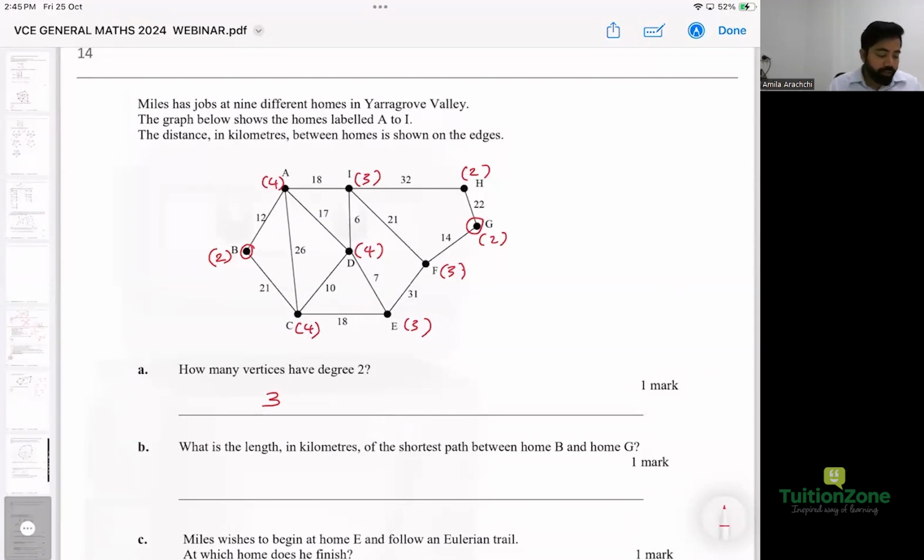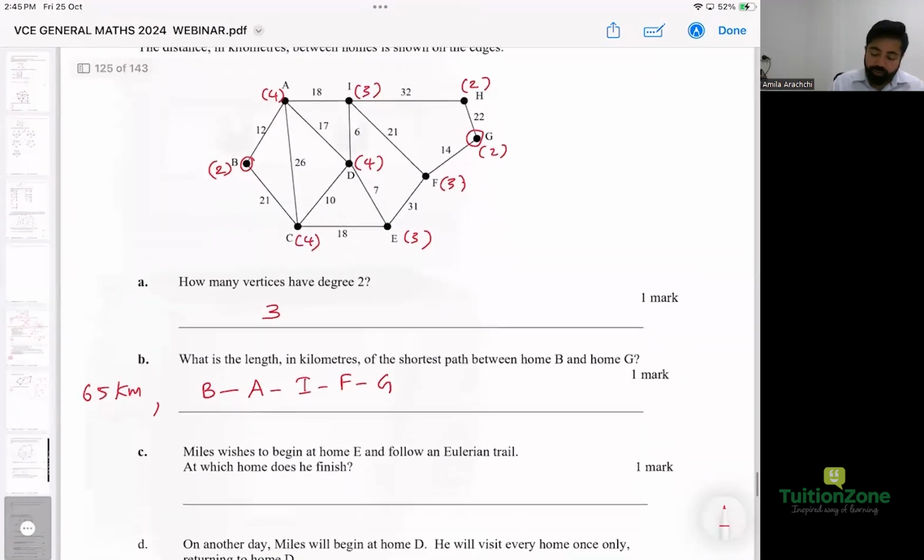Just put down the letters in order. Just type the letters, which way you go from B to A to I. Yeah, perfect. B to A to I to F to G.